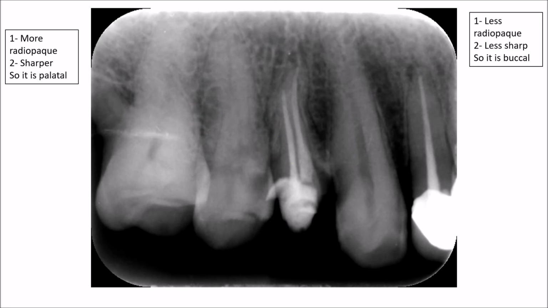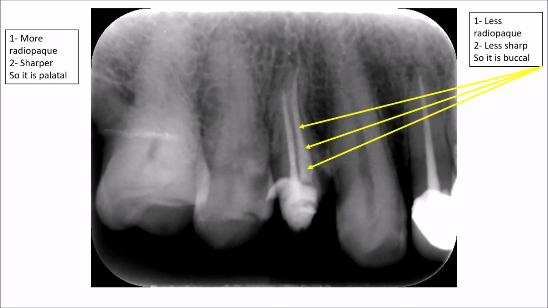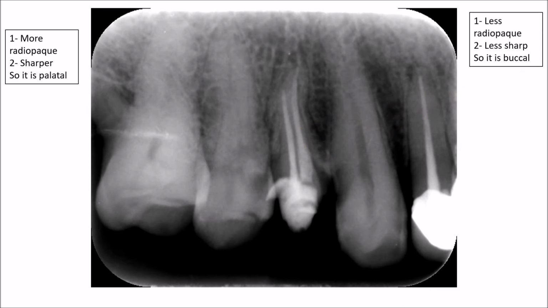So, when the image of the object is more radiopaque and more sharp, it means it is located in a lingual position. While if the image of the object is of lesser sharpness and lesser radiopacity, then it will be located away from the film.